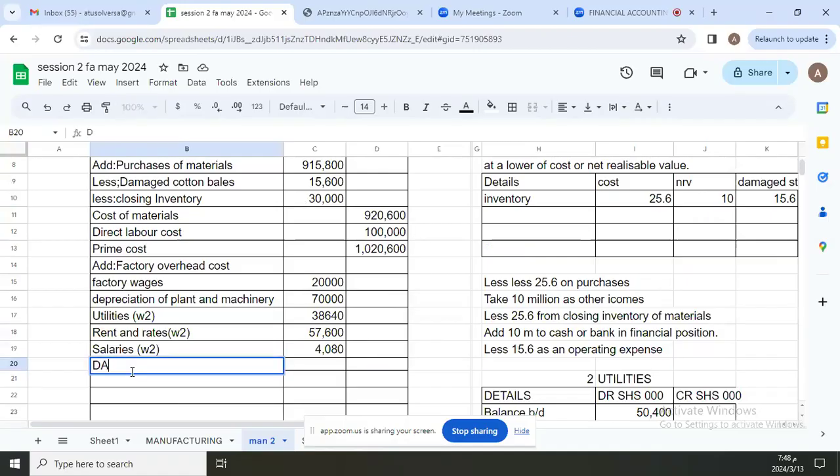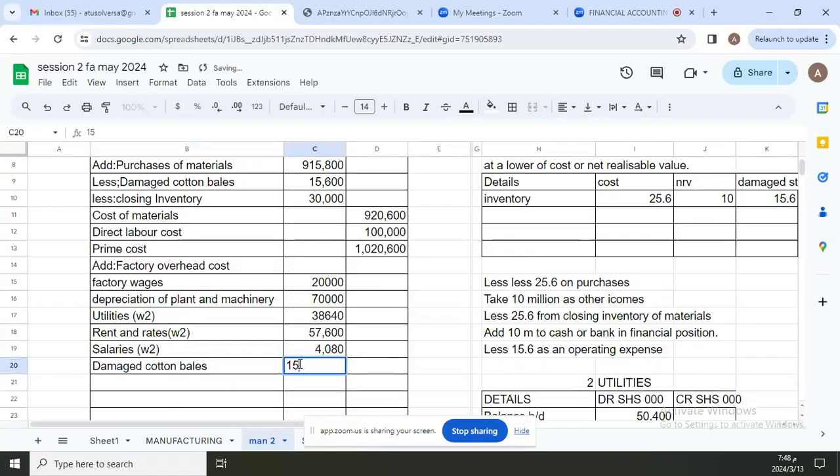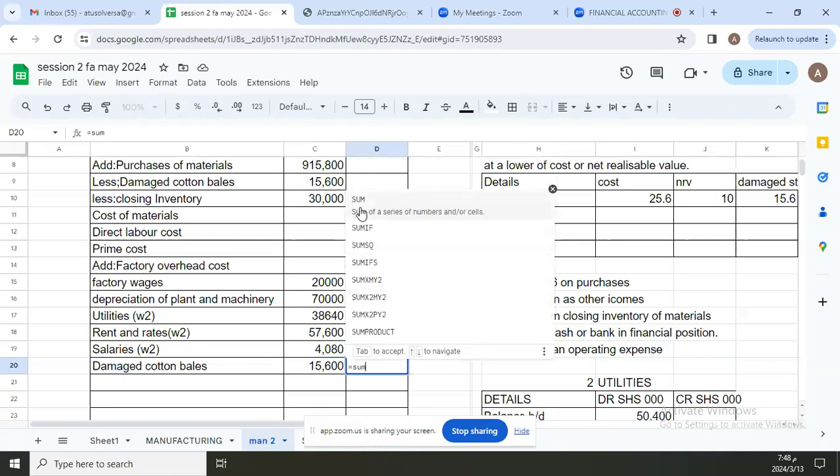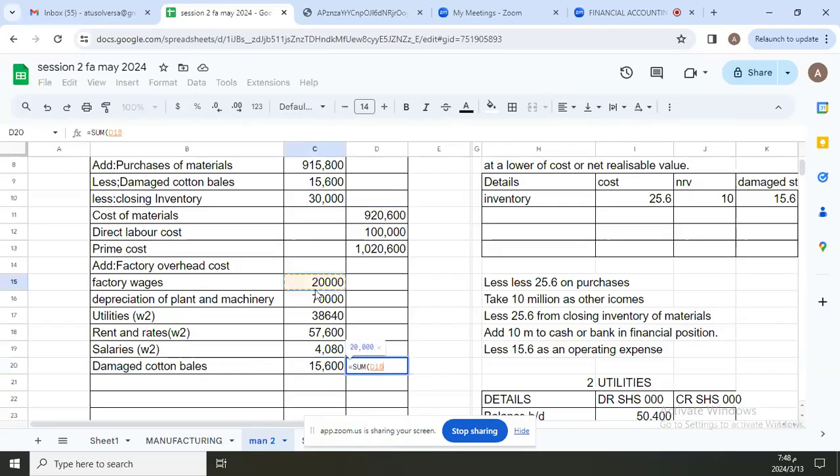So we say damaged cotton bales. We take the 15,600. We can add these ones also.